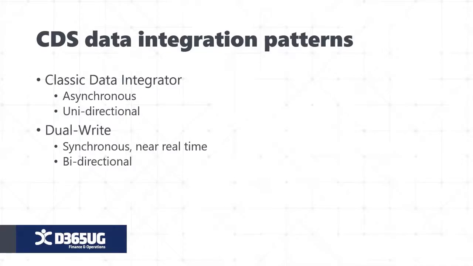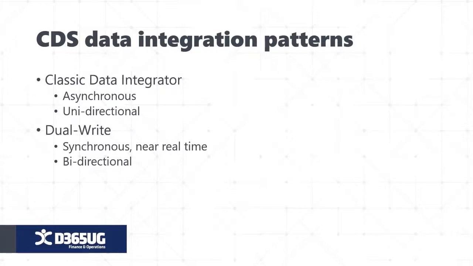So starting from here, all slides will be dedicated exclusively to integration of finance and operations with the applications that run on common data service. The first technology for that Microsoft suggested in 2018 was Classic Data Integrator. It's called Classic to differentiate it from the later technology.